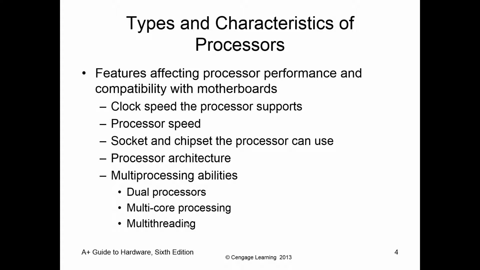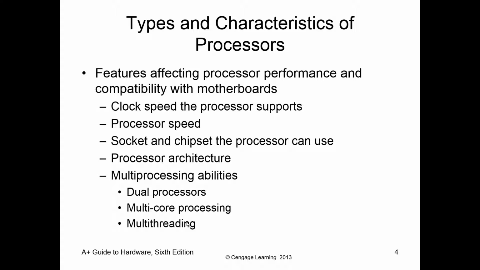So we have three major types of multi-processing ability. First is dual processor or dual CPUs, where we have two CPUs per computer on one motherboard. Another example is a multi-core processor, which is one processor with multiple cores.